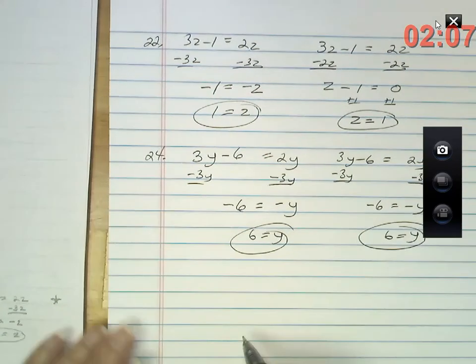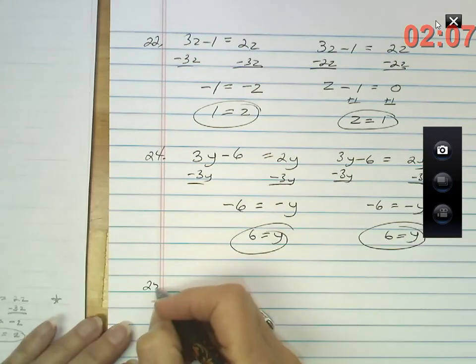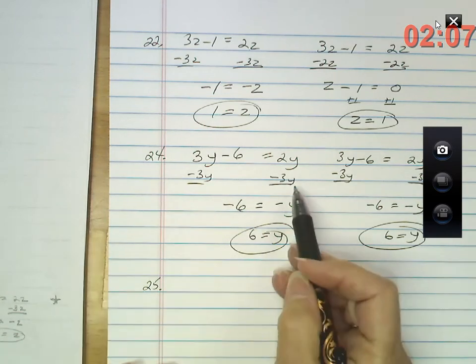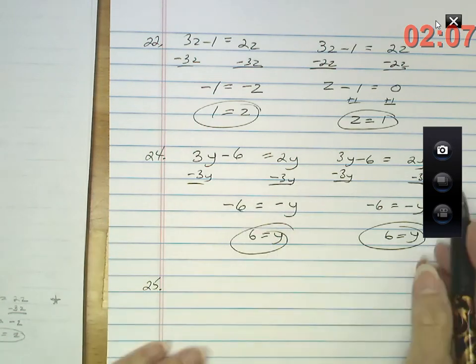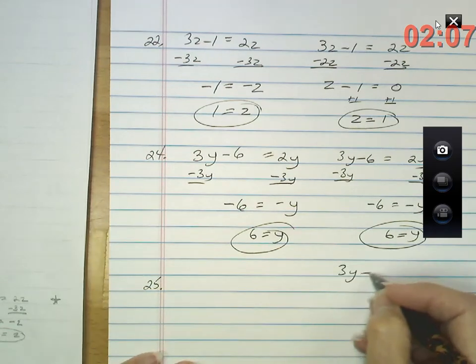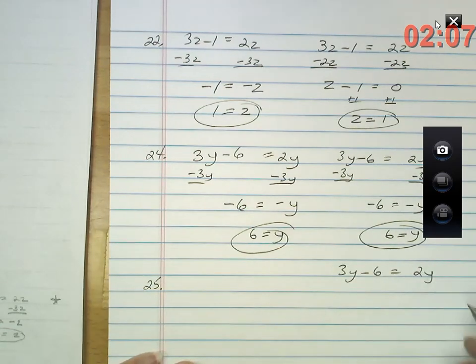I want to make sure I'm doing this okay, because I did it a little bit differently than both of those ways. I subtracted 2y from both sides, so I didn't have anything on the equal side. And then I had 1y, and that left me with the opposite with the 6.